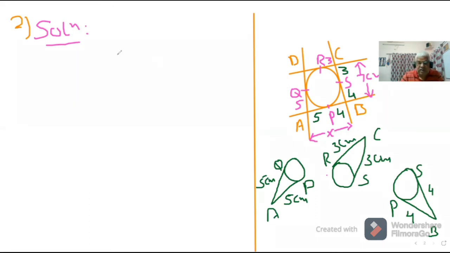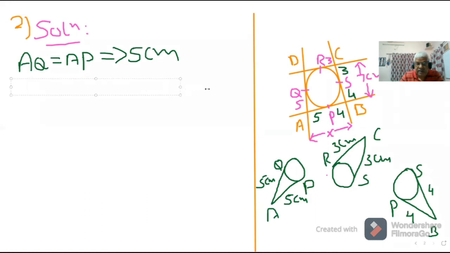That's all. Now, how to write the steps? First, you have to take AQ measurement is equal to AP measurement. AQ and AP, both of them are equal to 5 centimeter. Again, the reason is the same, and that reason you have to write, my dear friends.